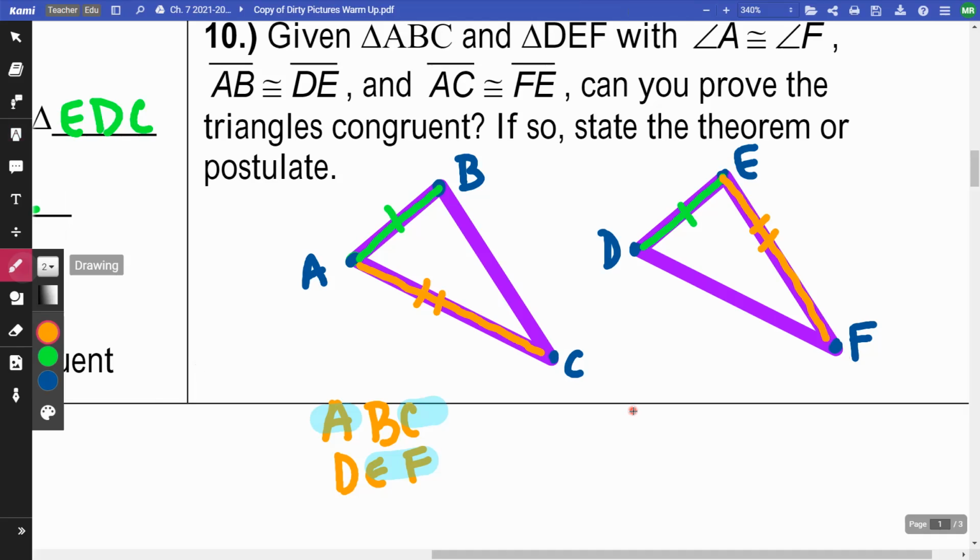We also were given this angle A is congruent to angle F. So this is A, this is F. You'll notice that this angle is not in the same location. This angle here should have corresponded to D, to the one at E, not the one at F. So again, these are not in the same spot. So this is going to be not congruent.